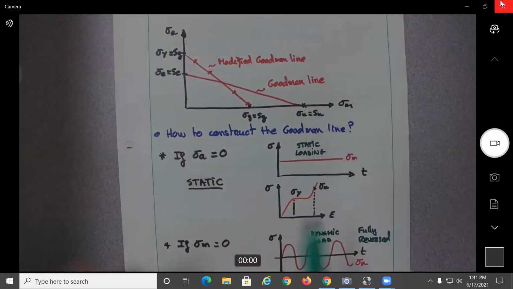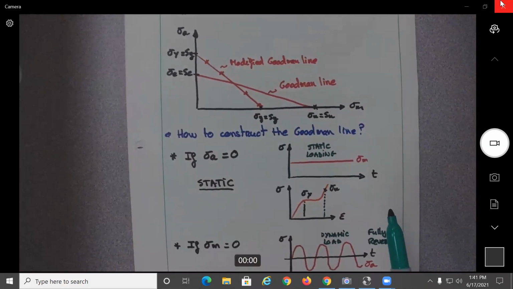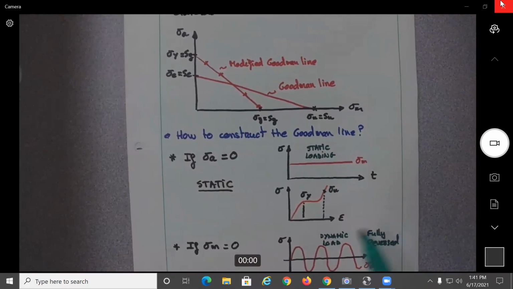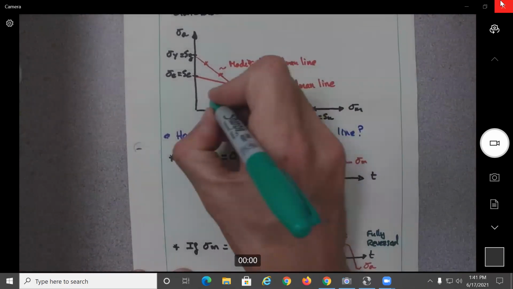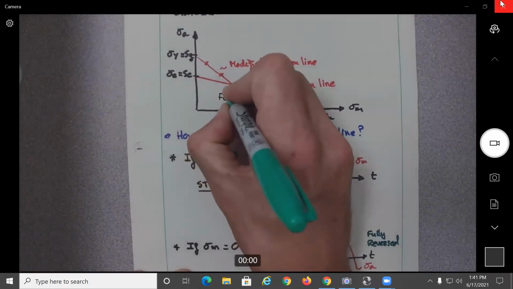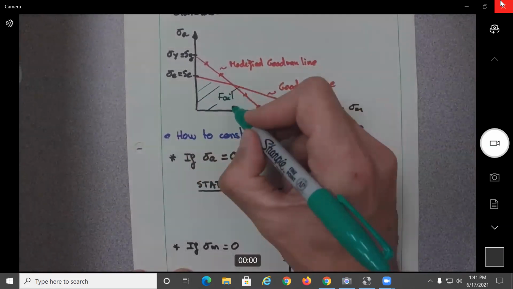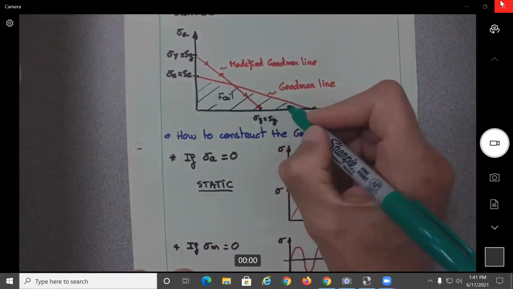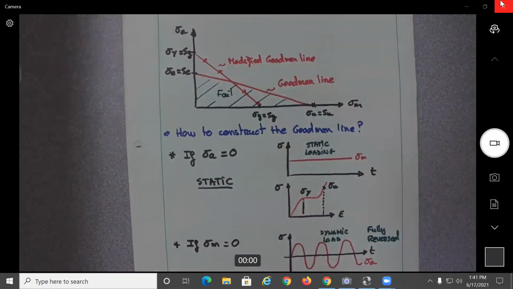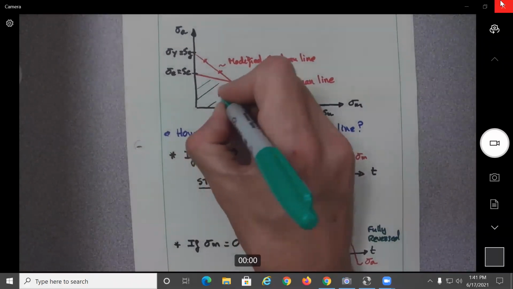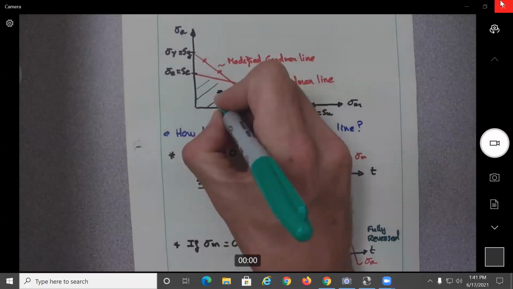So in here, without making it too complicated, if I use the Goodman line, when will the structure be safe? When would be the criteria to know if it's going to fail or not? If you stay under the curve, just for the Goodman line, sorry, I said something that is completely the opposite. If you stay under the curve, this is safe.